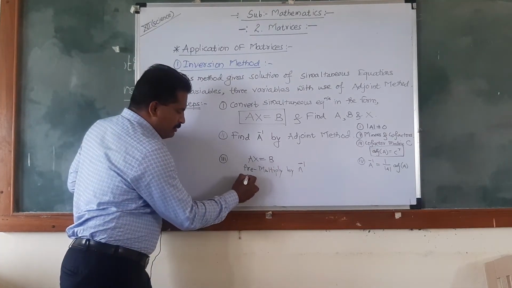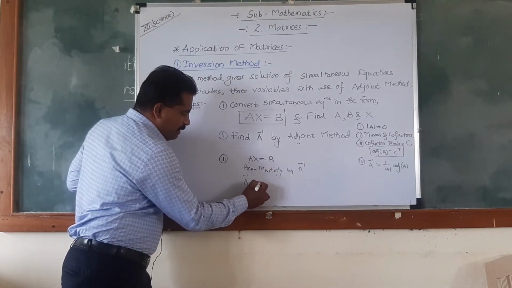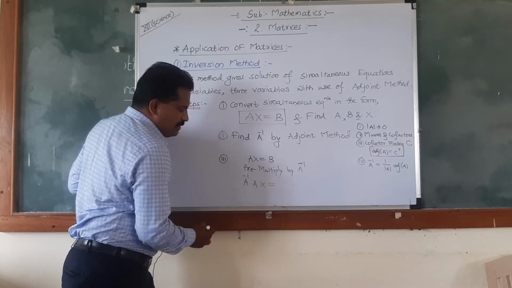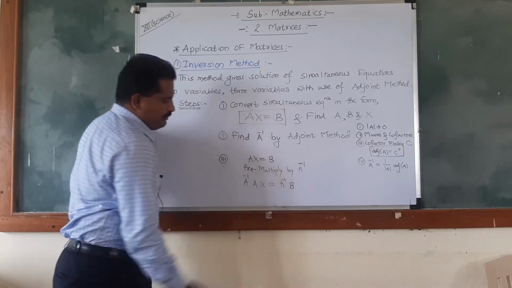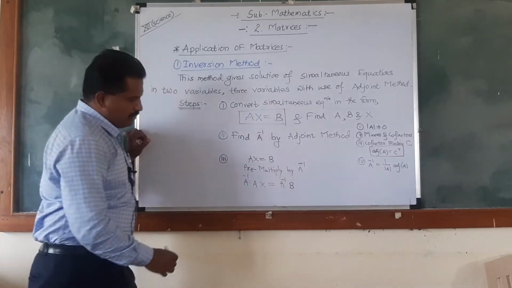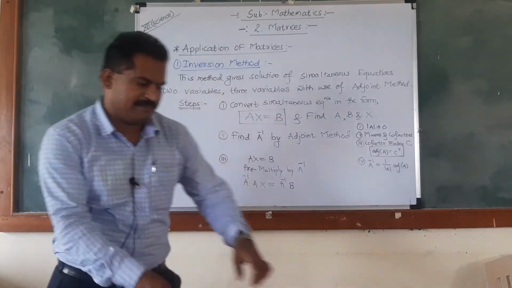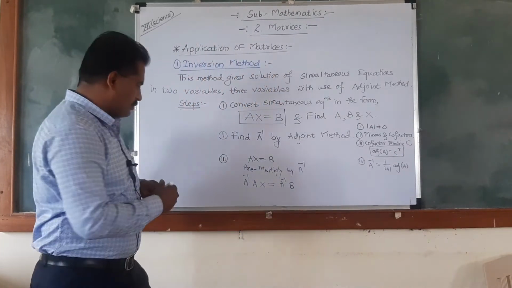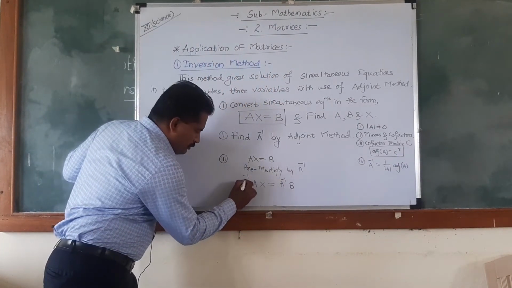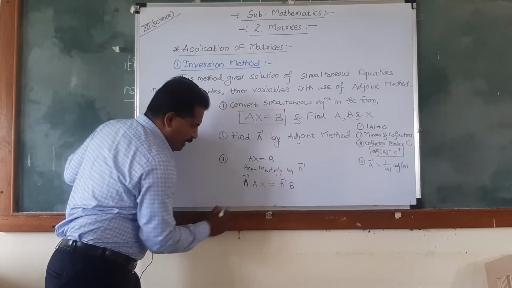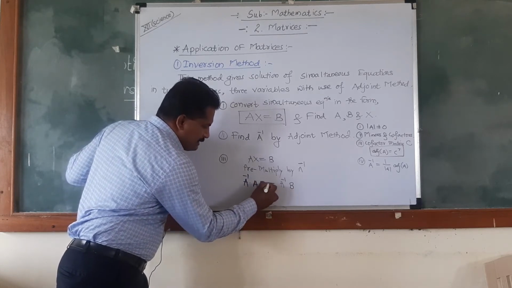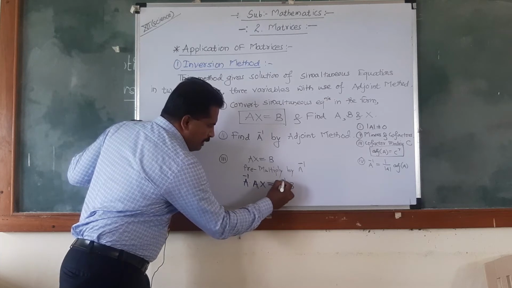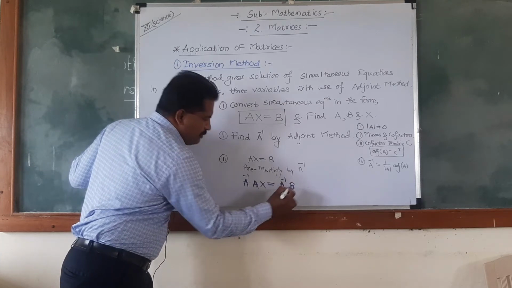We get A inverse into A into X is equal to A inverse into B. We highlight this step.